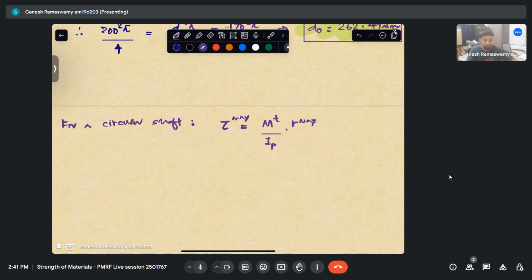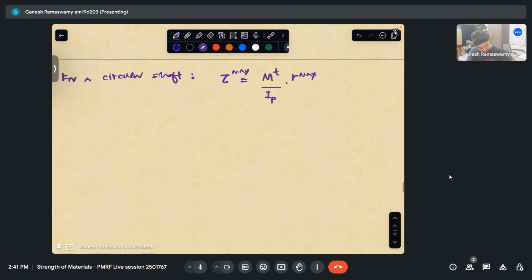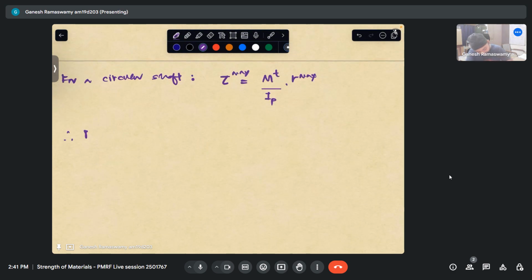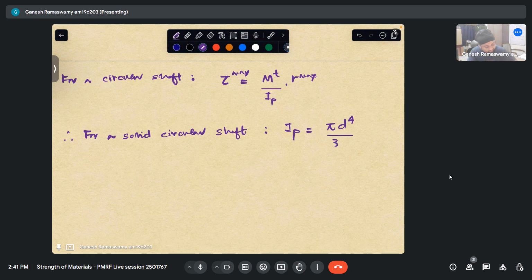So therefore, for a solid circular shaft, Ip is pi d power 4 by 32. R max is d by 2.